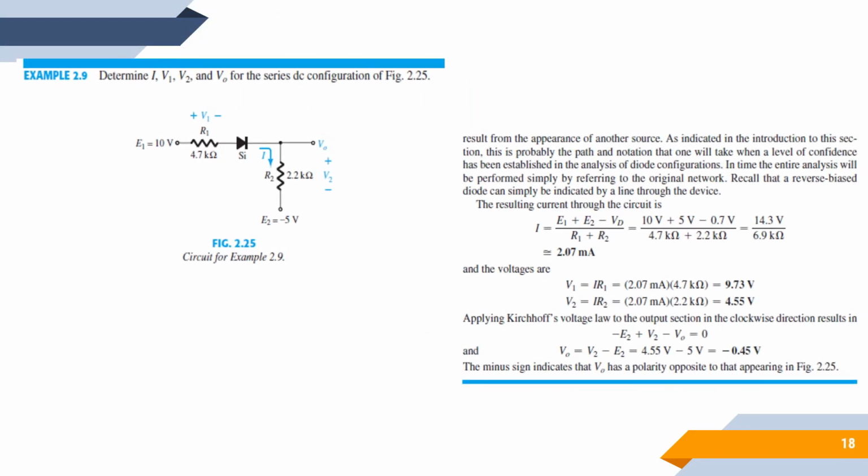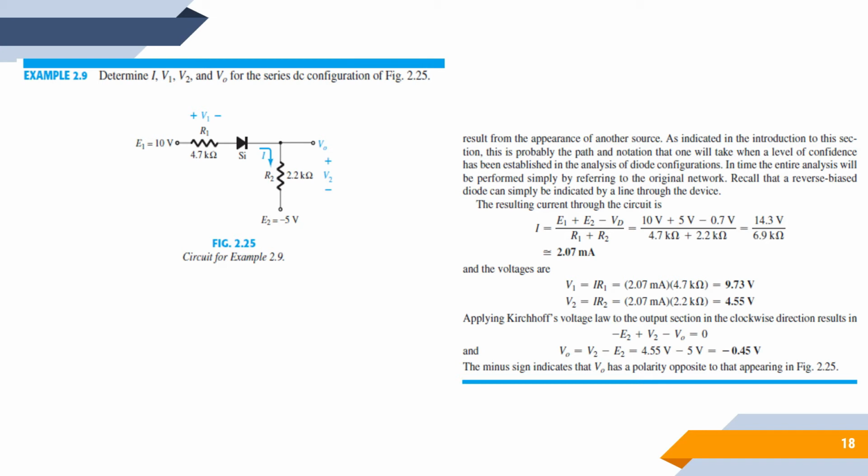So, meron na naman tayong panibagong example. Determine I, V1, V2, and VO for the series DC configuration of figure 2.25. So, makikita natin sa circuit na meron tayong dalawang source voltage, meron tayong dalawang resistor, meron tayong silicon, at meron tayong isang voltage output. So, first, kunin muna natin yung current ng circuit.